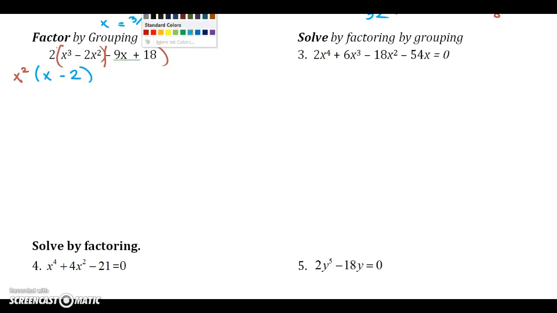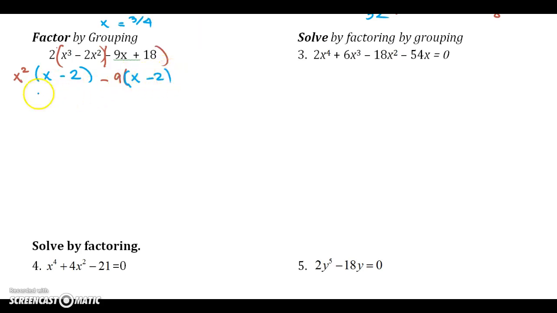Now, for the second part of that, looking at negative 9x and positive 18, well, because it starts with a negative, I'm going to factor out a negative. And then what goes into 9x and 18? Not 2. Just kidding. See, you are paying attention. I knew it. 9. And then what's left? You're going to write that in parentheses next. x minus 2 is left there.